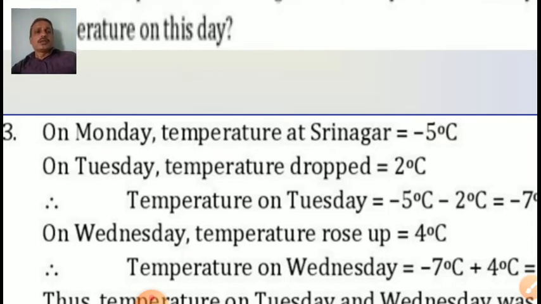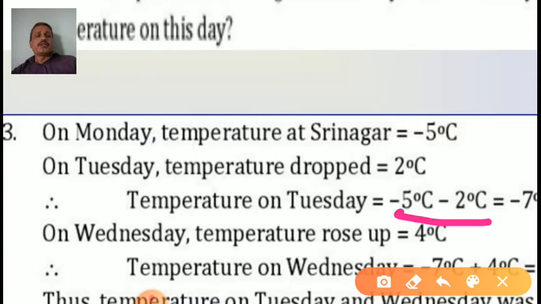Understood, student? Yes, that means minus 5 minus 2. See, here it is shown. Both numbers are negative. What do we have to do? We have to add and the sign remains negative. So minus 7 degrees centigrade temperature on Tuesday at Srinagar.